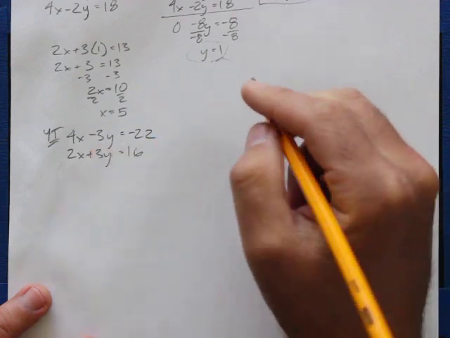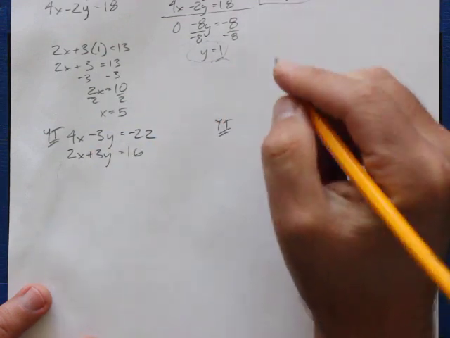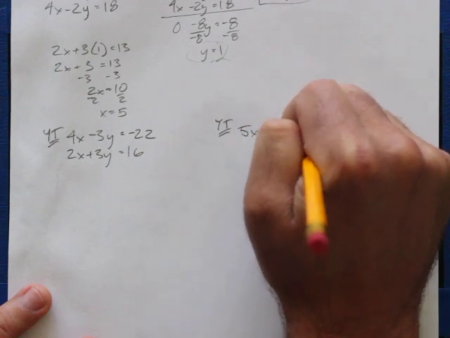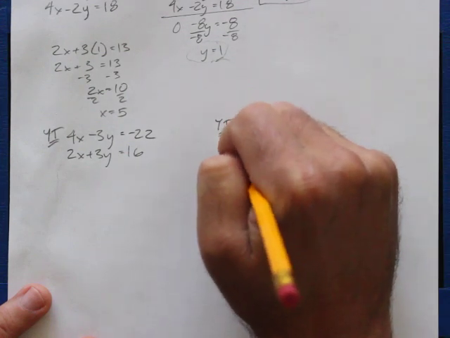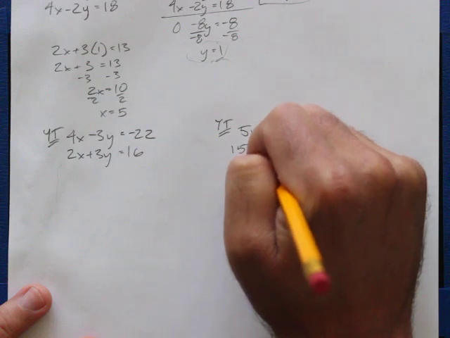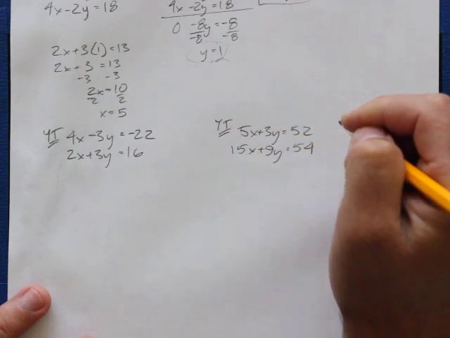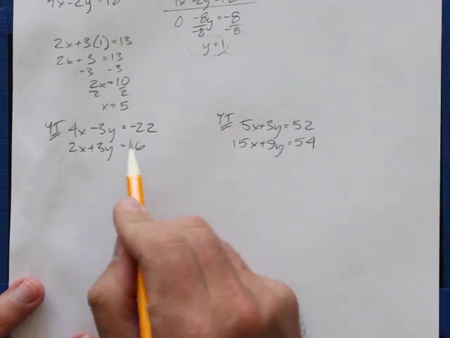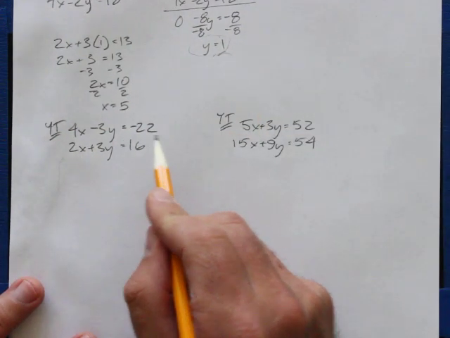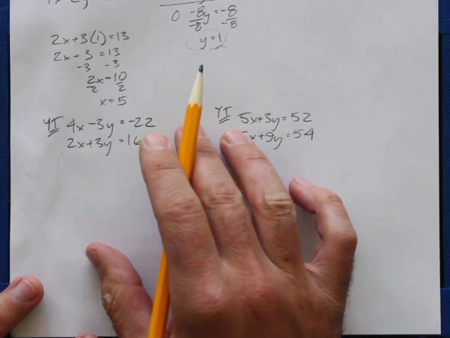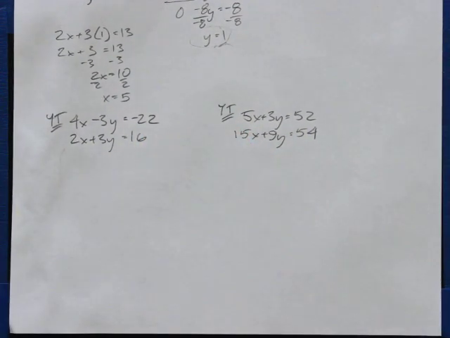I'm going to give you another one to do here as well. 5x plus 3y equals 52, and 15x plus 9y equals 54. Okay, do this one, and then do this one. All right, so go ahead and do this one. Pause and do the work.